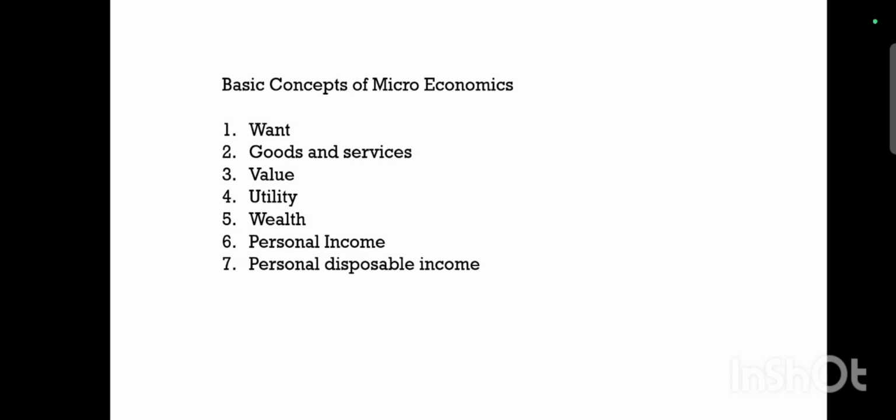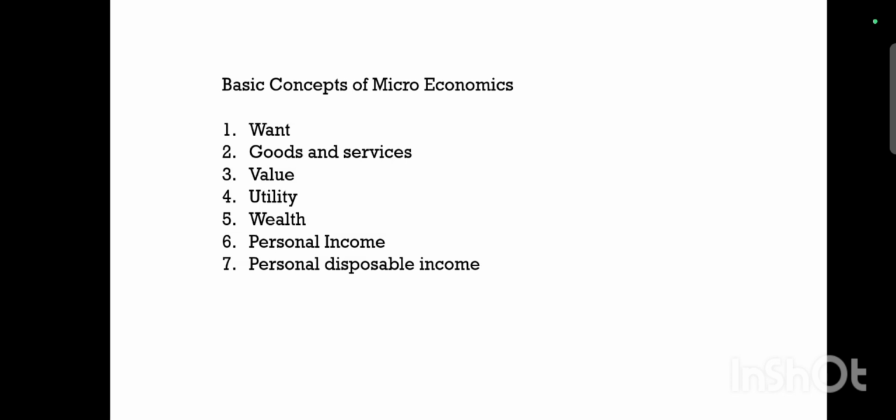Third is value. Now, how can value be a component of microeconomics? See, value has two approaches in economics, that is value in use and value in exchange. Now, what is value in use and value in exchange? Value in use refers to the worth of a commodity. In simple words, it is usefulness of a commodity.